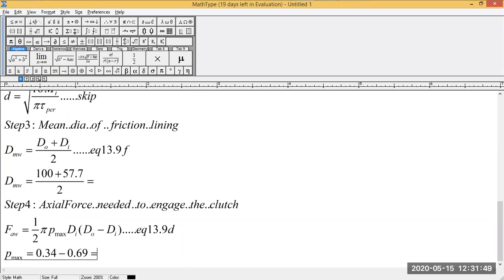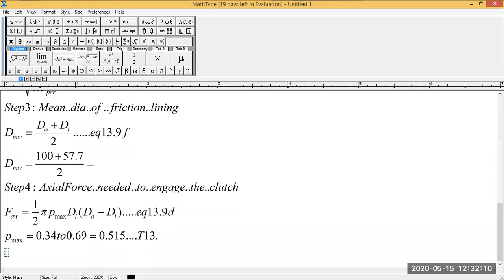So 0.34 plus 0.69 over 2. Just write 0.515. Not given, it's not minus. Okay, so this is from table 13.4.